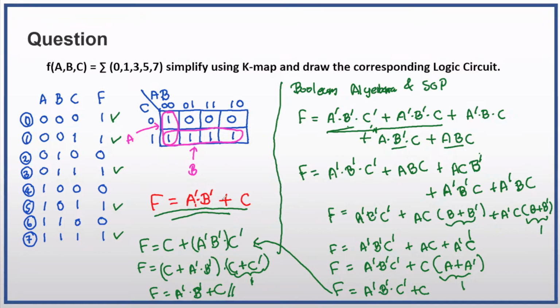Because in this case, you can see by the Kana maps, we easily get the simplified expression. So therefore, you can see the Kana maps are more easy.